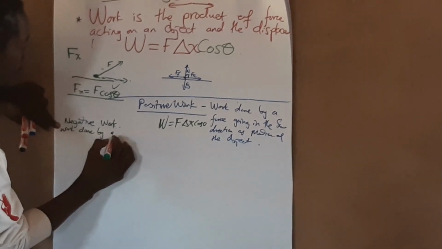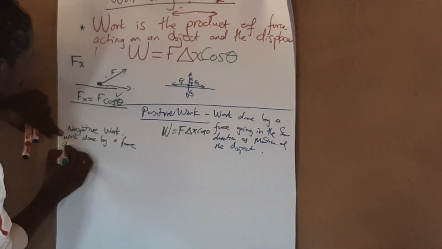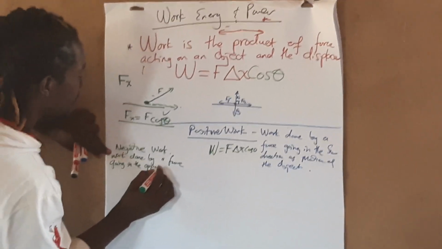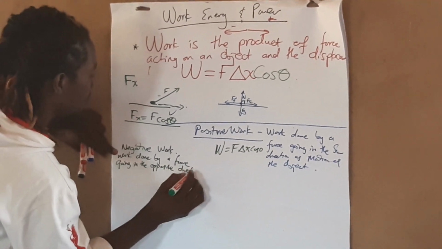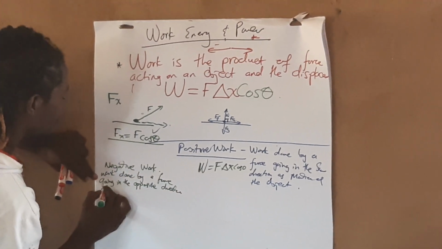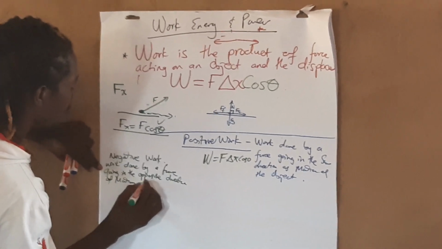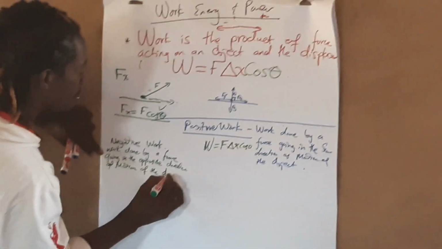And then we have negative work. So what kind of work is that? It is the work done by a force going in the opposite direction of motion of the object.